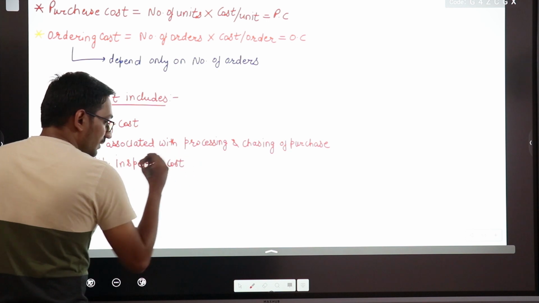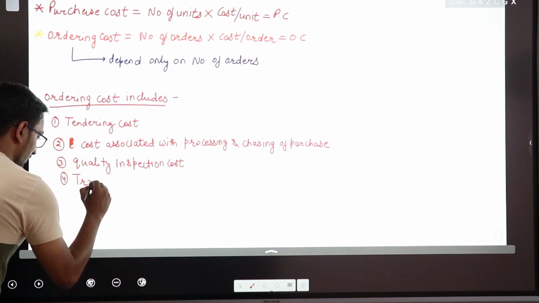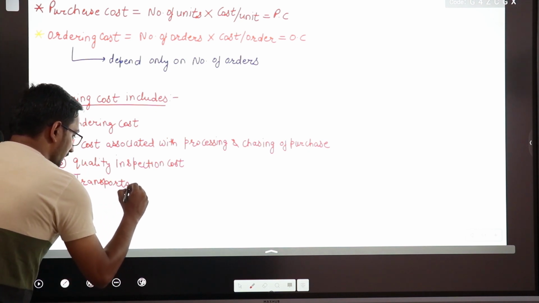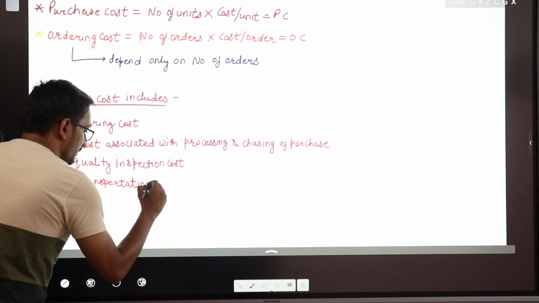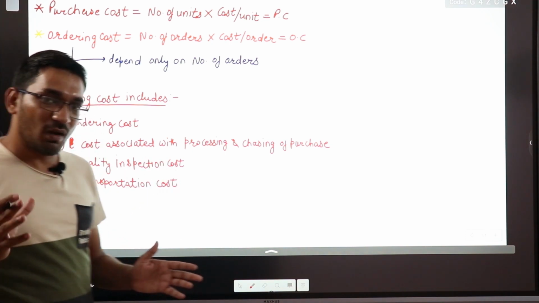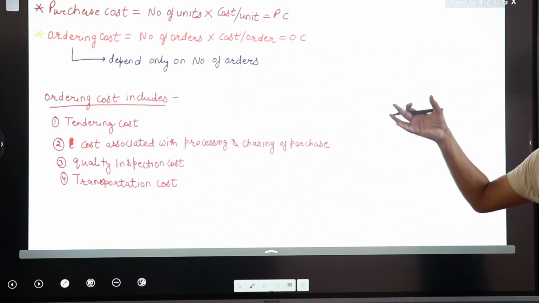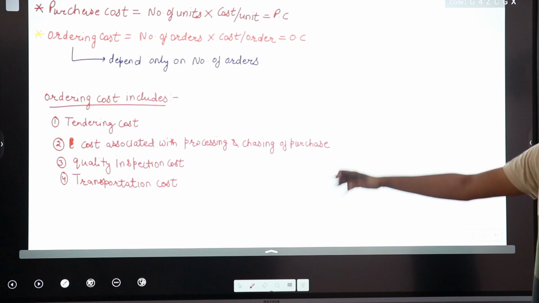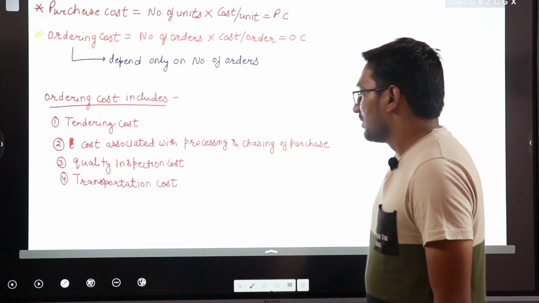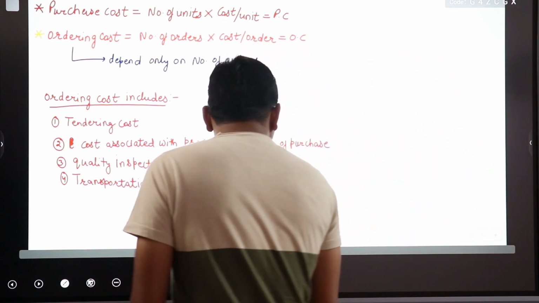Next we have transportation cost. Various costs are associated with the ordering cost, so you need to demarcate which cost will be in the ordering cost. We will see all these with the help of some examples, then you will get a better picture.